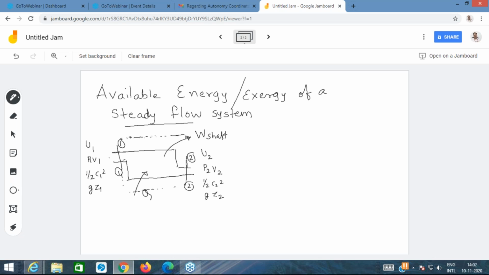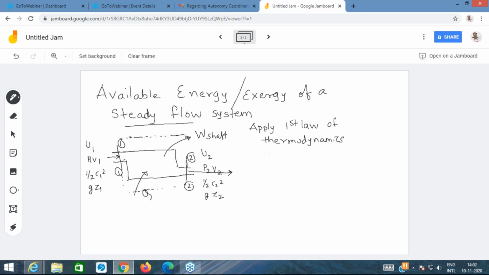Entry to this control volume is via section 1 and exit is via section 2. If you apply the first law of thermodynamics, which is nothing but the energy balance, to this system, what you get is the steady flow energy equation.